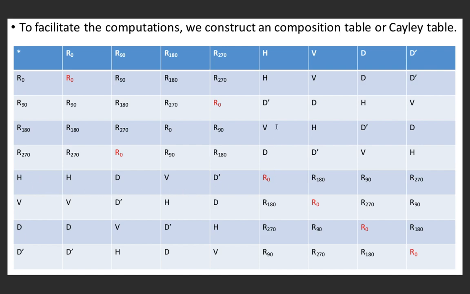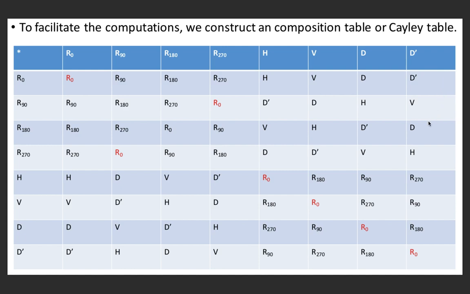Inverse of H is H. Inverse of V is V because the element above R0 in the top border row is V. Inverse of D is D. Inverse of D dash is D dash because the element above R0 in the top border row is D dash.